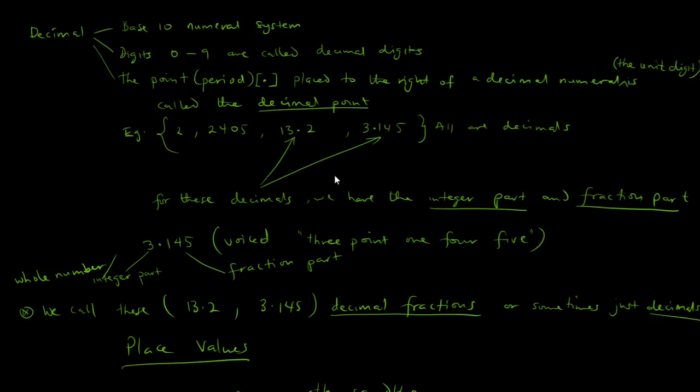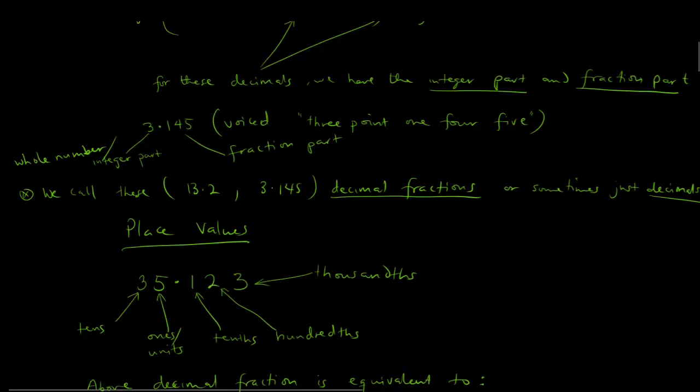So let us understand what decimal fractions are. They are decimal numerals with a decimal point and digits to the right of the decimal point. For example, a decimal fraction like 3.145 is voiced as 3.145. That is how we pronounce it.